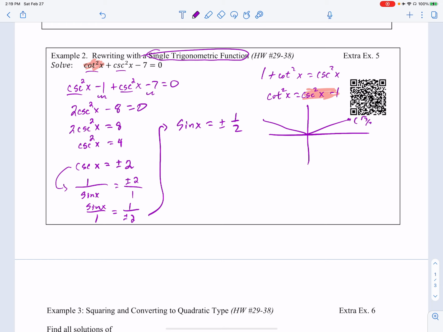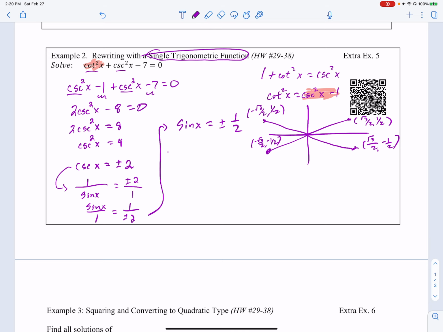Root 3 over 2 and up 1/2, or negative root 3 over 2 and up 1/2, or where it's negative 1/2 is quadrants 3 and 4, which are that negative root 3 over 2, negative 1/2, and positive root 3 over 2, negative 1/2. So I need all places where sine is 1/2.